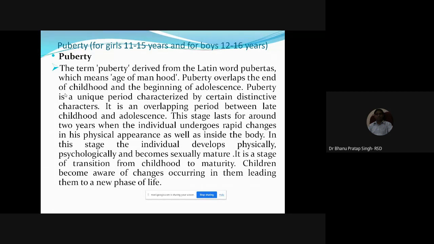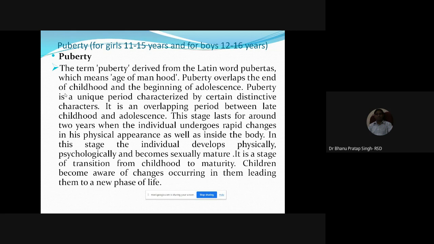In this stage, the individual develops physically, psychologically, and becomes sexually mature. It is a stage of transition from childhood to maturity, and that's why this age is called the age of manhood.